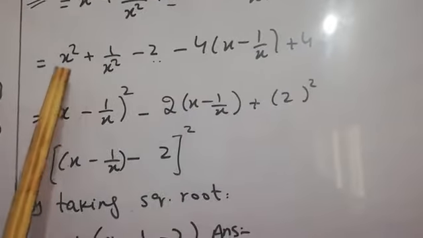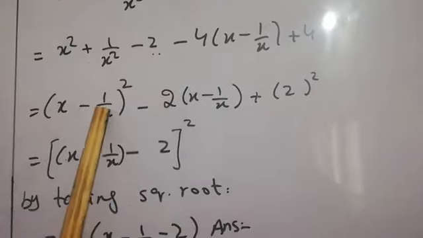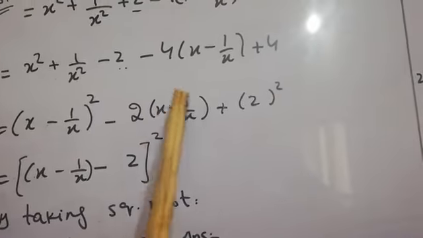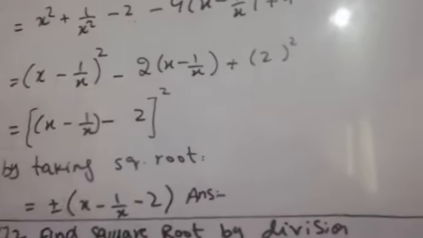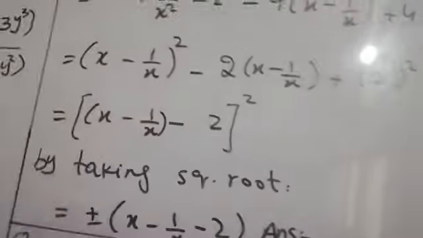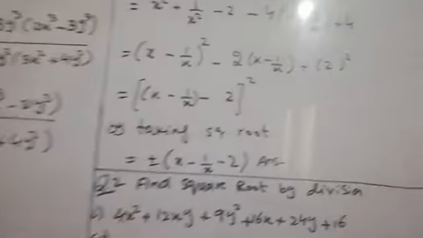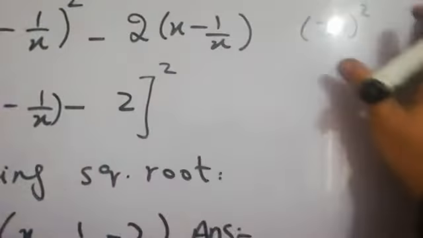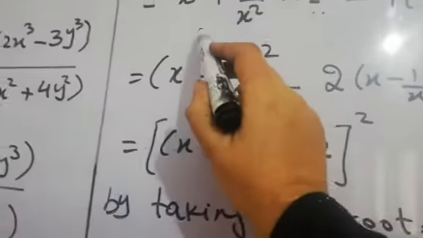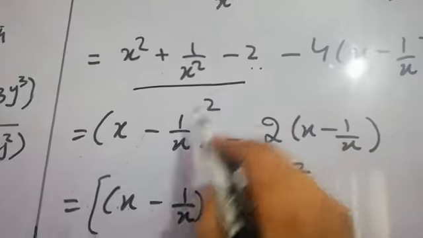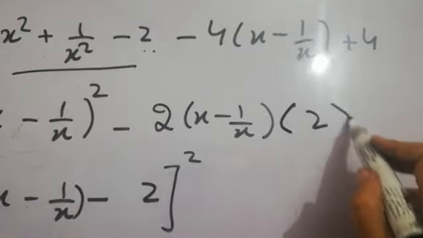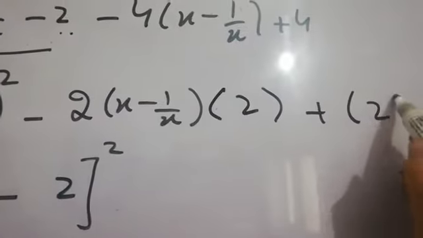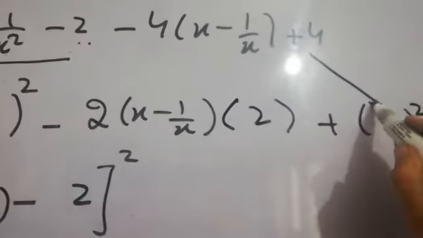If we do this, then we have (a − b)² − 2a. The first value is a and the second value is 2, so this is the square of the first value minus 2a, the second element is 2, and here 4 will be equal to 2 squared.